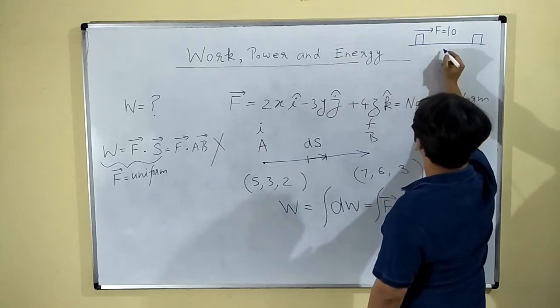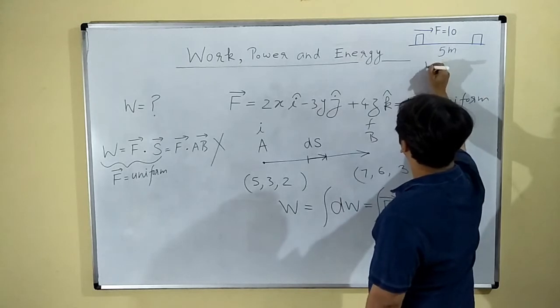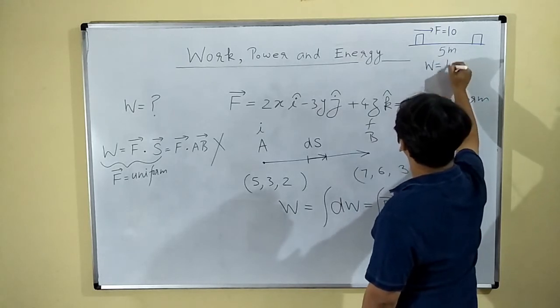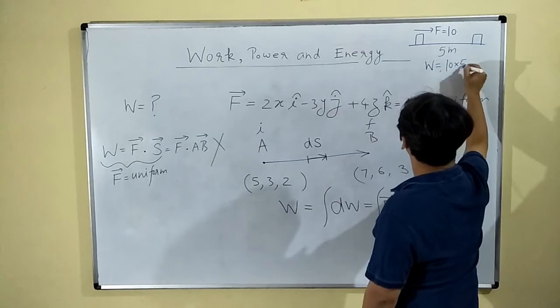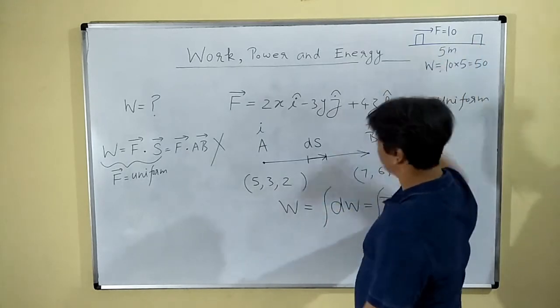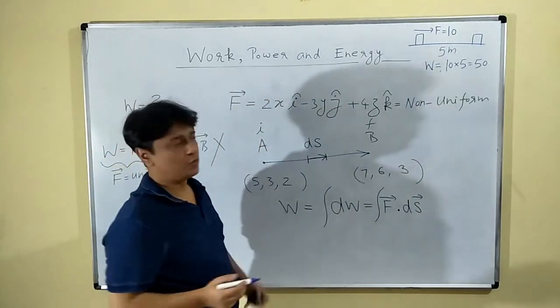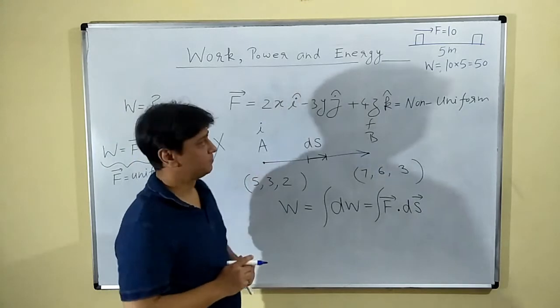From this to this, displacement is 5 meters. If I ask you what is work, you will simply write 10 multiplied by 5, which is 50 joules. For the entire displacement of 5 meters, force is 10, and therefore work is simply 10 into 5.